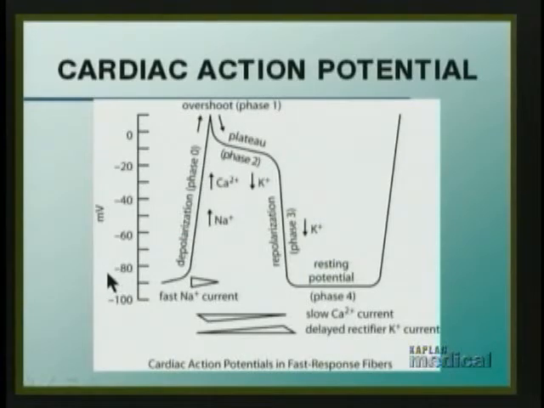Now, we know that action potentials are going to be ruled by what the physiologist refers to as a voltage-dependent ion channel. A voltage-dependent ion channel is simply a protein that can open or close in the membrane based on membrane potential differences.